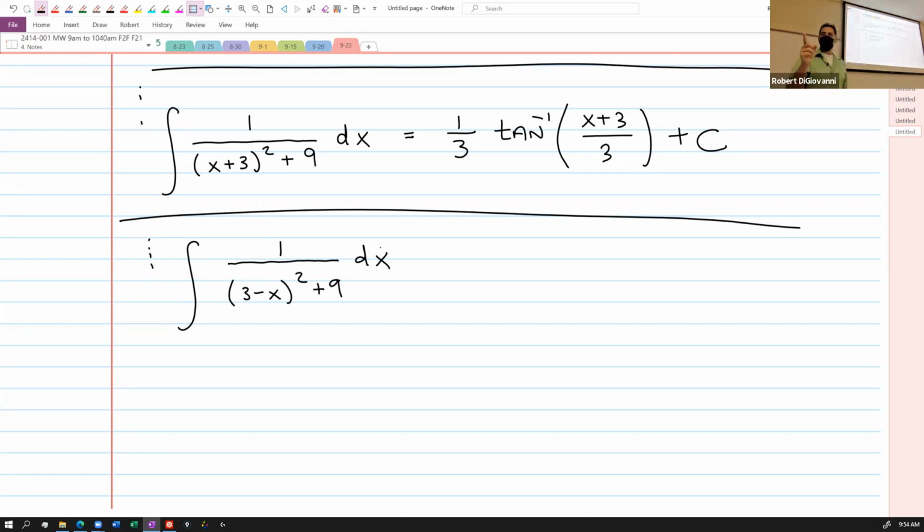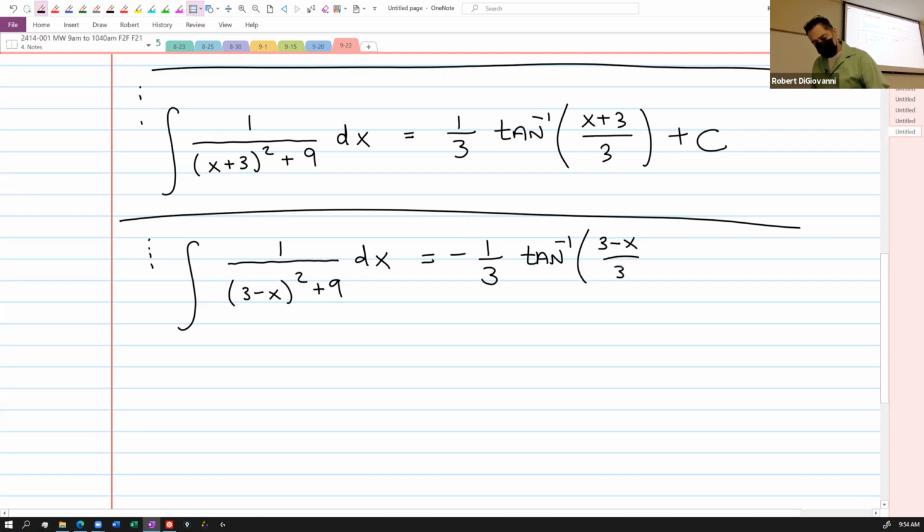Negative dx, which means I would have to scale, wouldn't I? I'd have to compensate for that negative that would pop out. So I'm going to do what the formula tells me, but what am I going to need to put in front of it all? A negative. So this will be negative 1/3, because a is 3 here, arctangent of 3 minus x over 3 plus c.